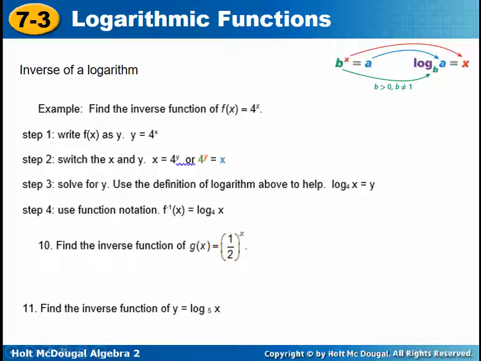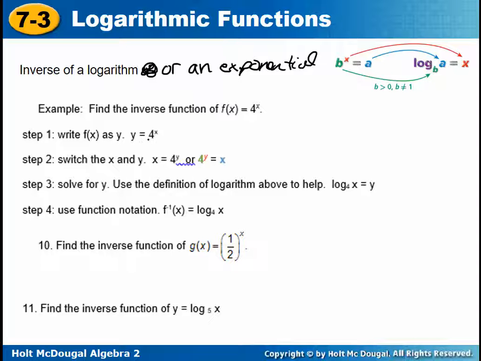All right, this is on your worksheet, but I want to go through how we would find the inverse function of an exponential function or of a logarithm. So this should be either one, or an exponential. All right, so we have f of x equals 4 to the x power. First step is to rewrite the f of x as just y. Replace f of x with y.